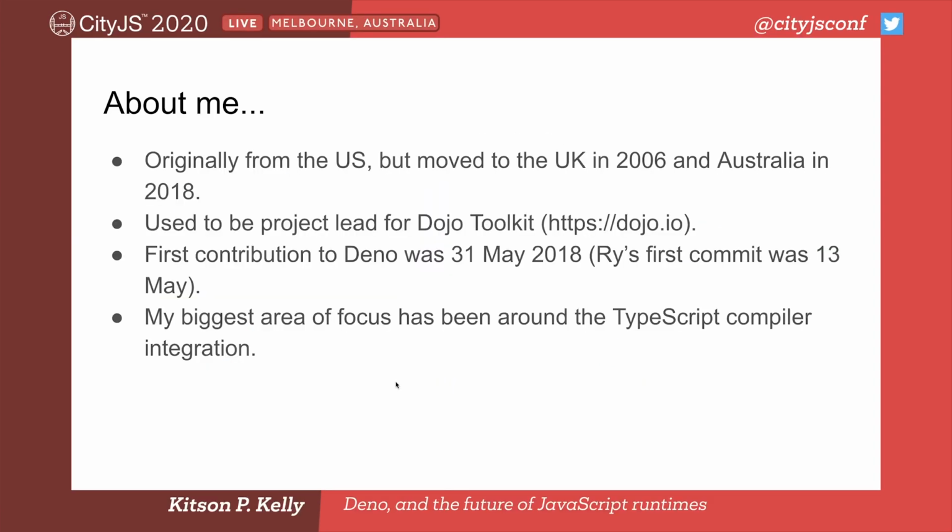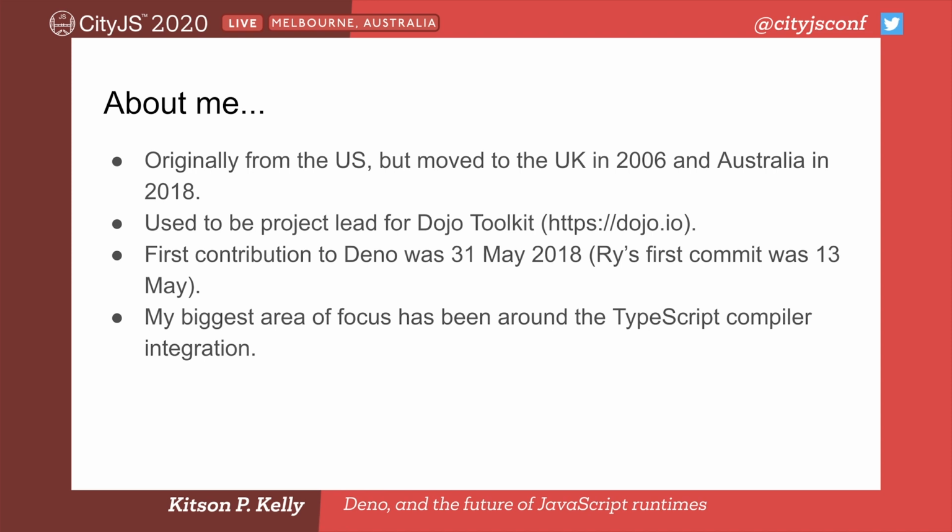So first, a little bit about me. I'm originally from the US, but I moved to the UK in 2006, and then to Australia at the beginning of 2018. I used to be the project lead for Dojo. My first contribution to Deno was on the 31st of May 2018.